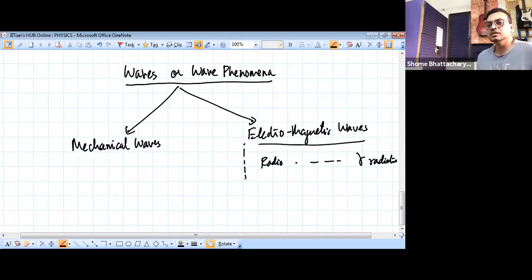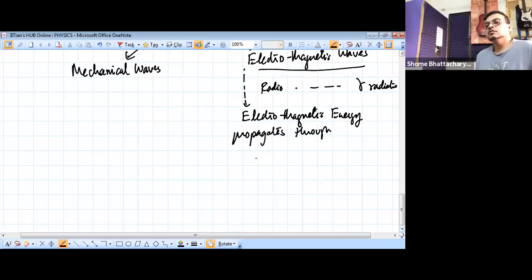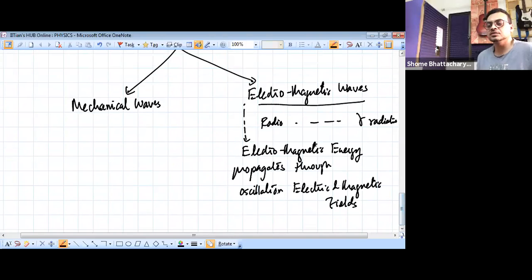But more importantly, in electromagnetic waves, it is electromagnetic energy, okay, which propagates through oscillating electric and magnetic fields. So in a sense, you will also understand more about this after you know about magnetism and about electromagnetic induction also.